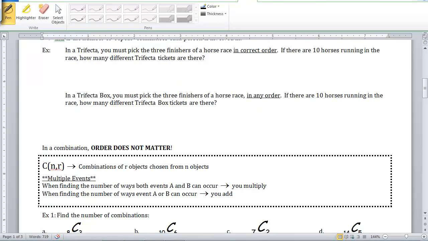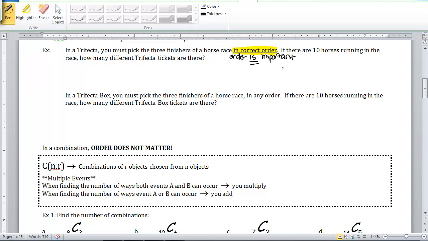In a trifecta, you have to pick 3 finishers of a racehorse in the correct order. So if there's 10 horses running, how many different trifecta tickets are there? Now when I'm doing a probability question, the first thing I want to ask myself is, is order important? In this first problem, order is important because they said for it to be a trifecta, you have to have the correct order.